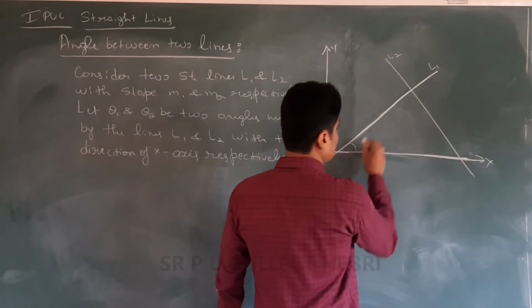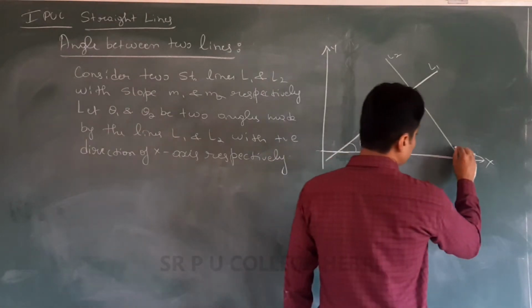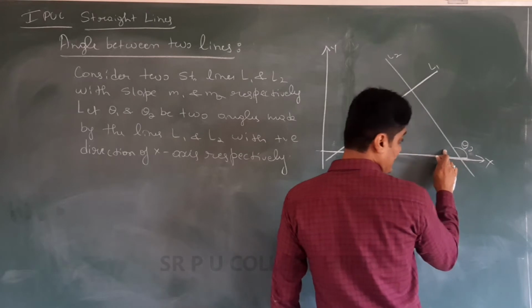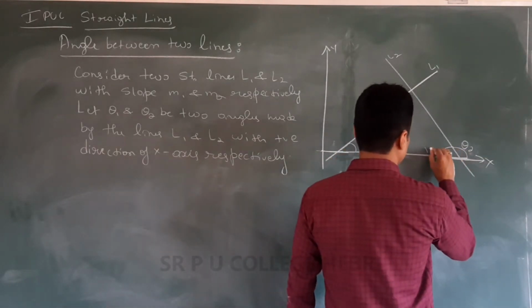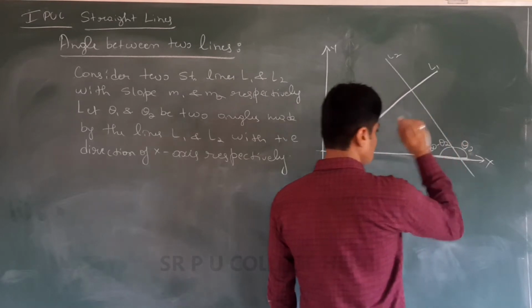So for L1, this is theta 1. And for L2, the angle with the positive direction of the x-axis is theta 2, so this one is 180 minus theta 2.